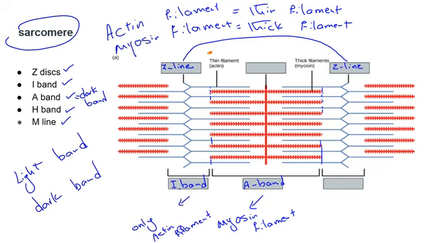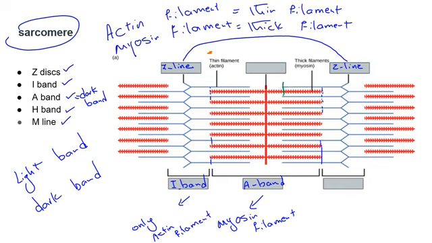Next part of the sarcomere, which is important to know, is the H zone. The H zone is the central part of the A band where there is no actin and we have only myosin. So if I want to show the H zone, let me use this color.